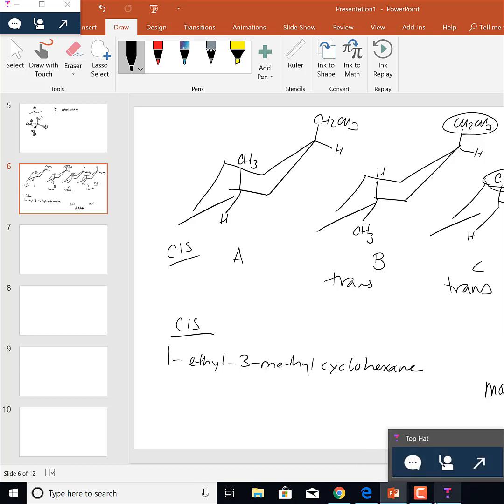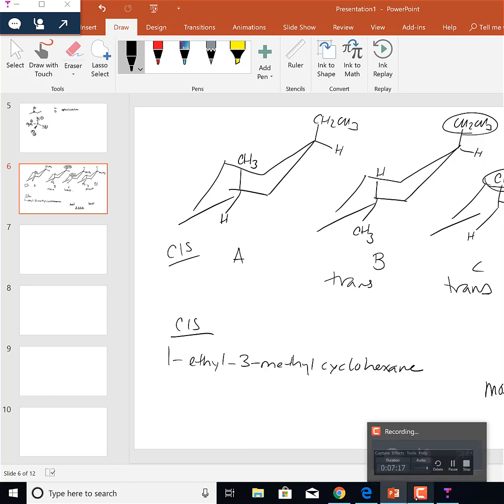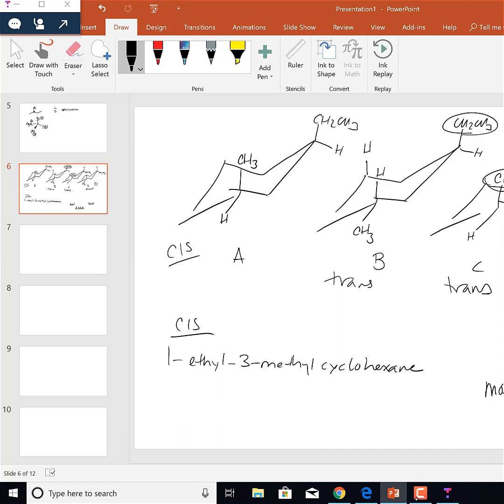All right, the next most stable was C. The difference between B and C is that one has a methyl group axial, one has an ethyl group axial. Just like we had for our Newman projections, the bigger the group, the more unstable the interactions.